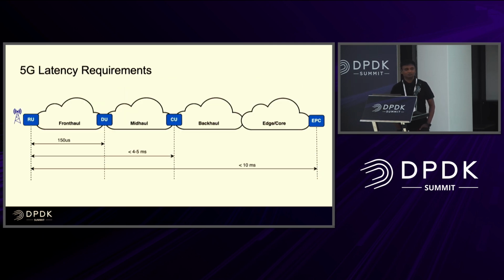Now, if you talk about the latency requirements of 5G, 5G offers very low latency compared to 4G. The latency, in fact, between RU and DU needs to be less than 150 microseconds. So it is very latency sensitive. This is where we need a VCSR which should be able to produce very low latency, and care should be taken that additional latency is not introduced here.